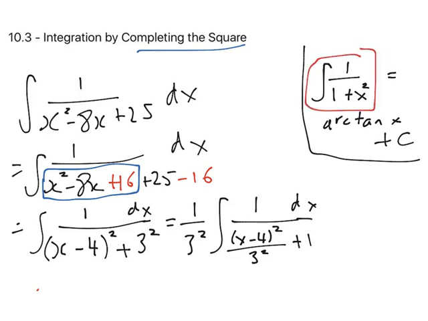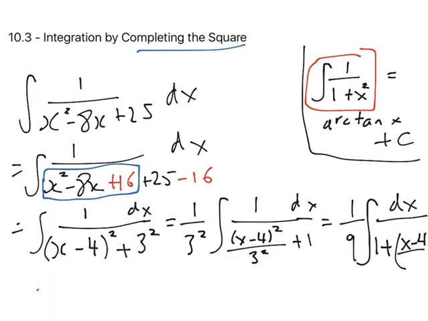We want something that looks like 1 over 1 plus x squared. Okay. And that's really just equal to 1 over 9 times the integral of dx over 1 plus, I just switched the order, x minus 4 over 3 squared. Okay.